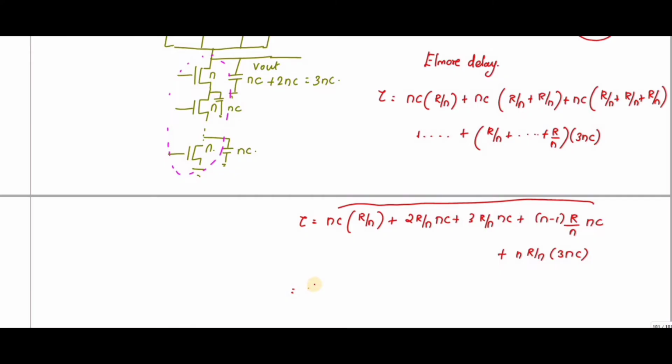If I take RC common, I get 1 plus 2 plus up to n minus 1, plus 3 RC n.